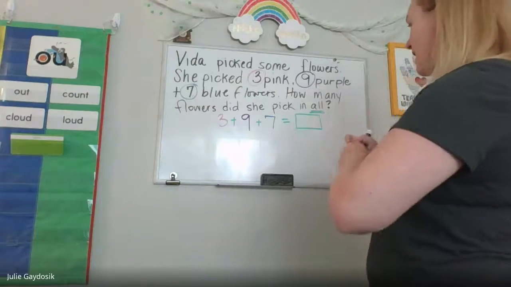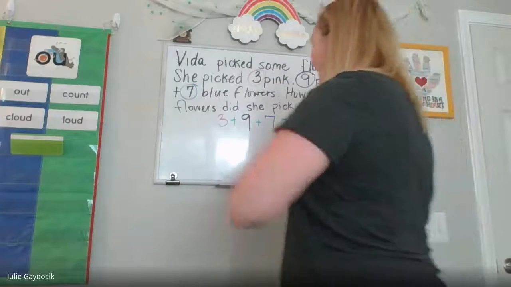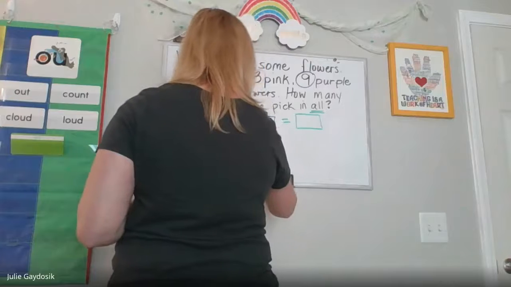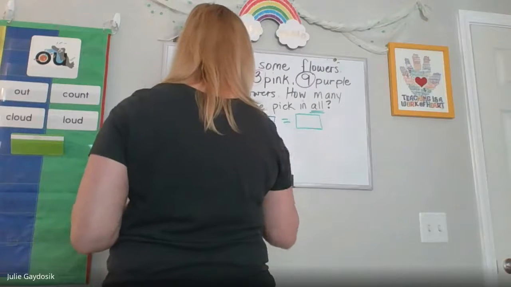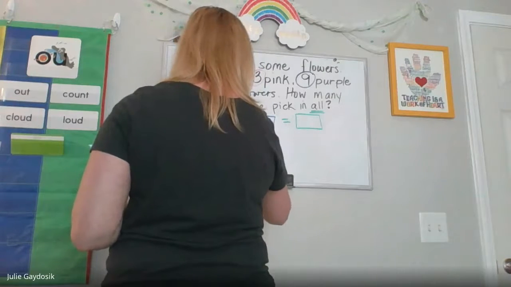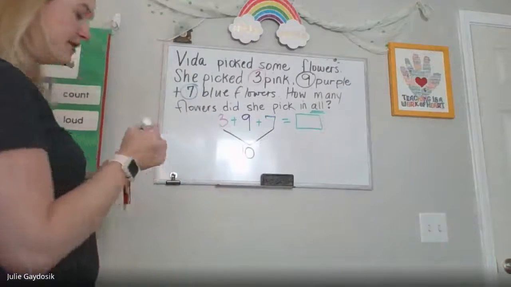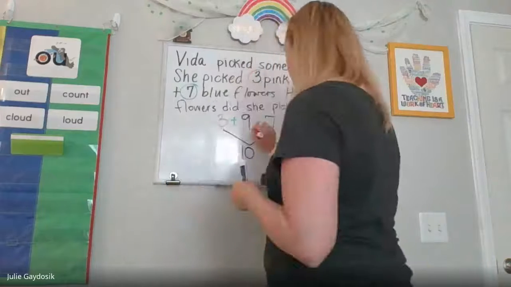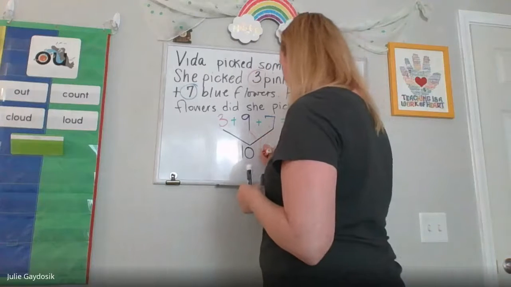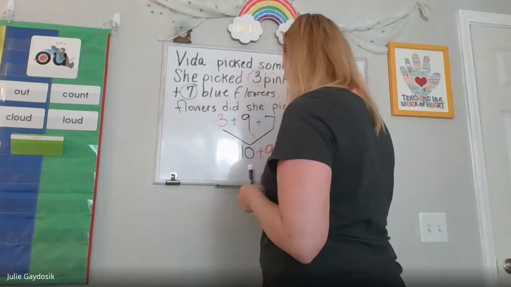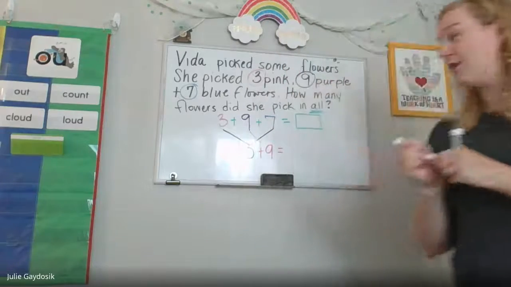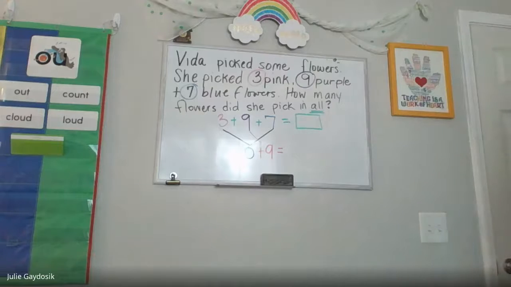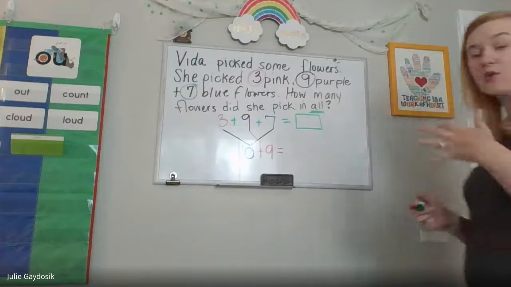So for example, I could add 7 and 3 together to make an easy 10. 3 plus 7 equals 10. Then I would continue to bring down the 9 and add 10 plus 9 to get my sum. And this is an easier way to solve this problem.